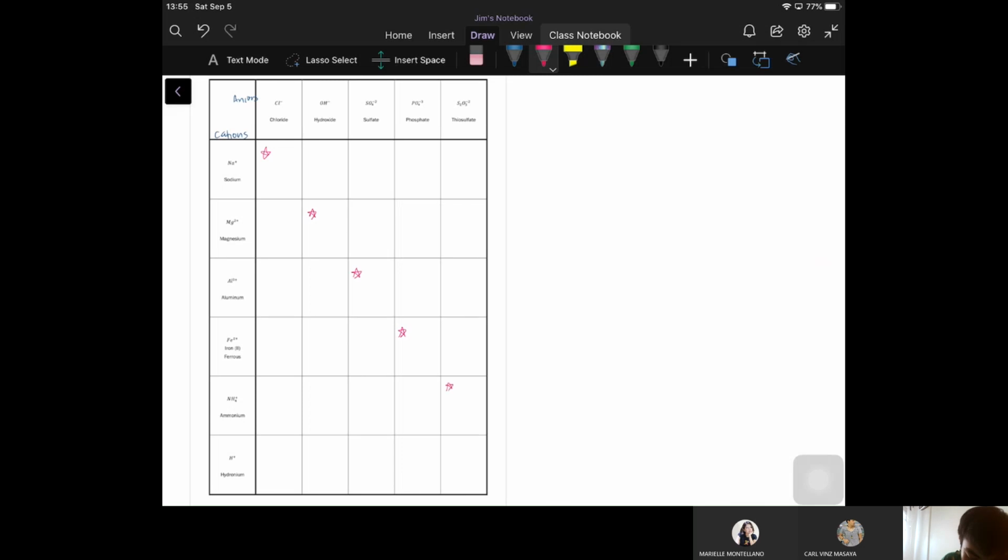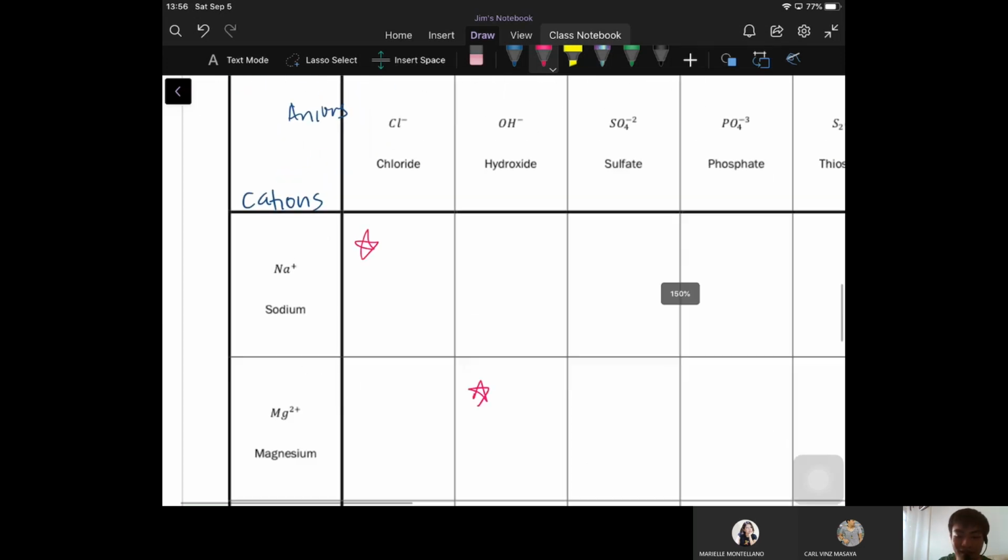Sige. Ayan. So, yan na sagutan ko. So, yan diagonal, tas yung isa dito. Tapos kayo na bahala sa iba, no? Sige. So, punta tayo dito.